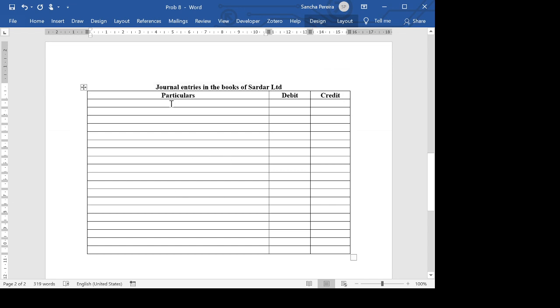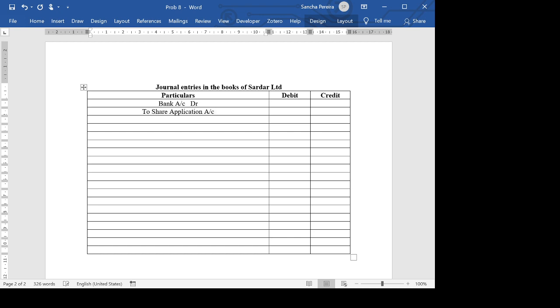So our first entry is bank account debit to share application account.